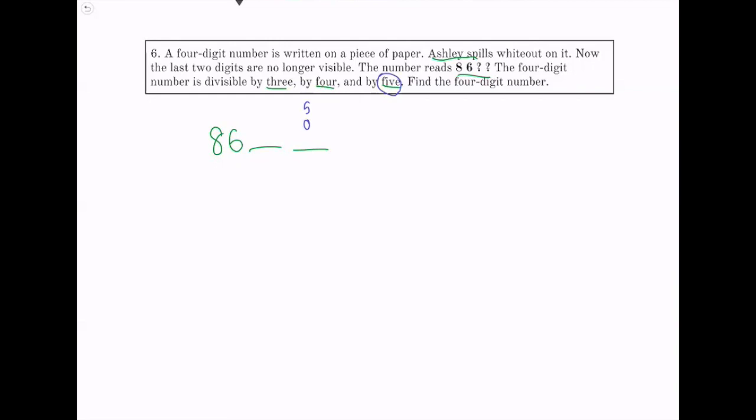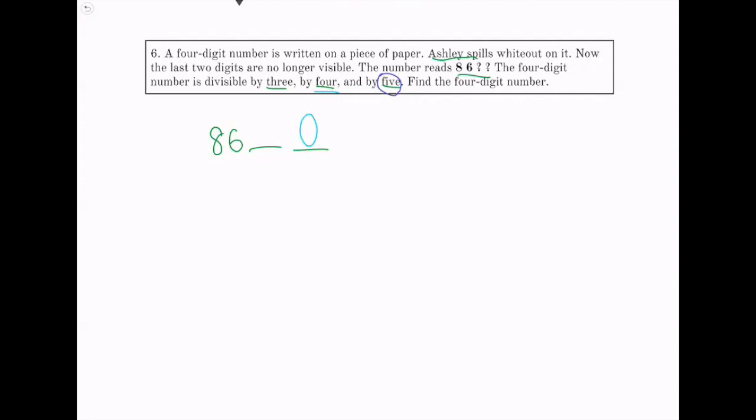Correct? So when can this number be a multiple of 2? If the last digit was 5, then the number isn't even, and if the number isn't even, it can't be a multiple of 4. That's not possible, so it can't be 5. It has to be 0.